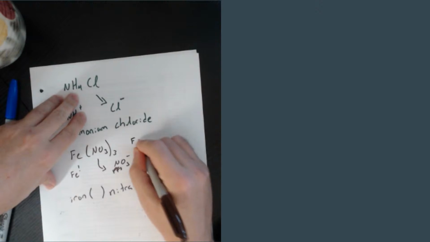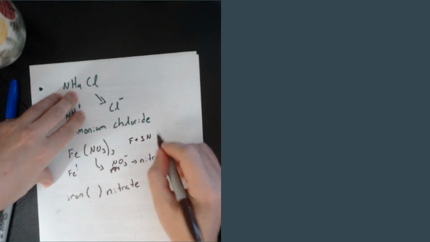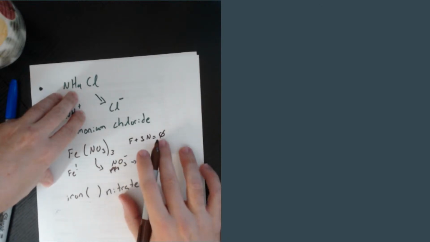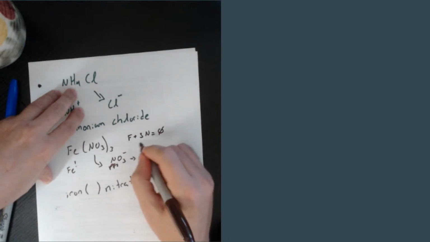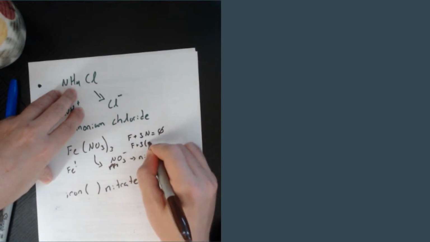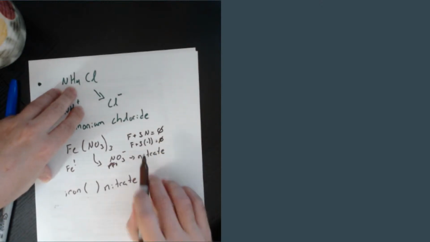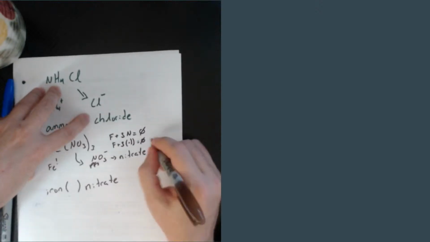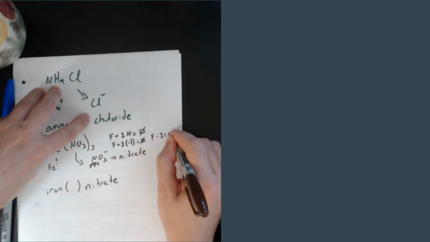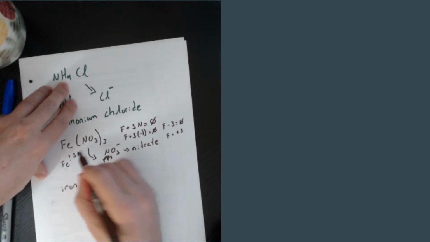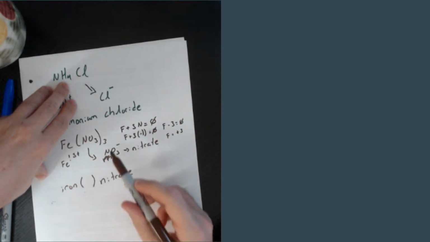So another way to put this is iron plus 3 times the charge of nitrate equals 0. They have to balance out to a neutral charge. The nitrate has a -1 charge, and there are 3 of them. So iron minus 3 equals 0. Iron equals +3. So the iron has a 3+ charge. That's how it balances out the nitrate.